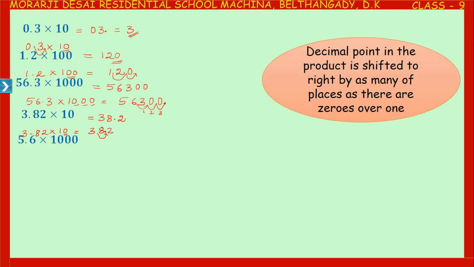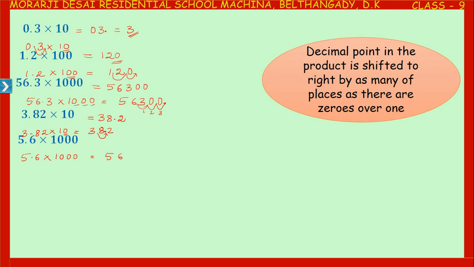Now 5.6 into 1000. Write 5, 6. Now move the decimal point.